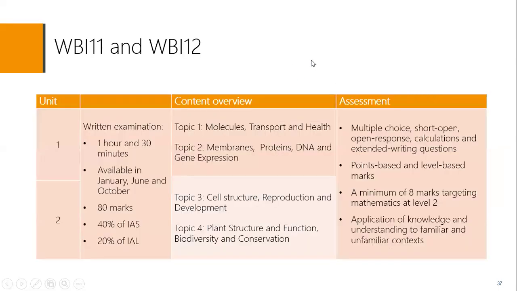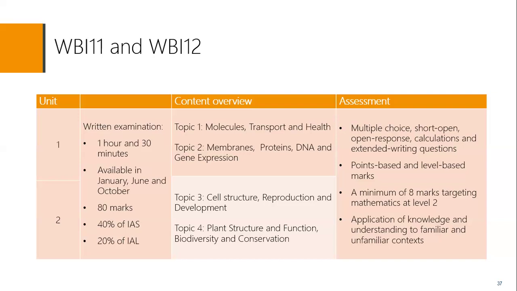So if we have a look at the Unit 1 and Unit 2 examinations, they are both 1 hour 30 minutes long. They are both available in January, June, and October. They both carry 80 marks, and that 80 marks is 40% of the IAS, or it contributes 20% of the IAL.